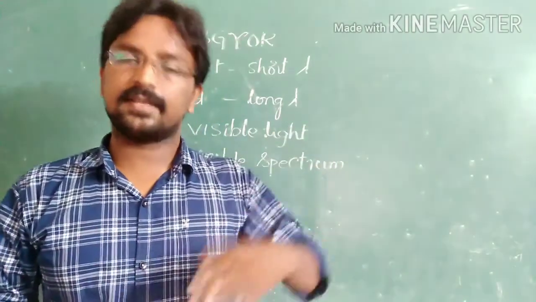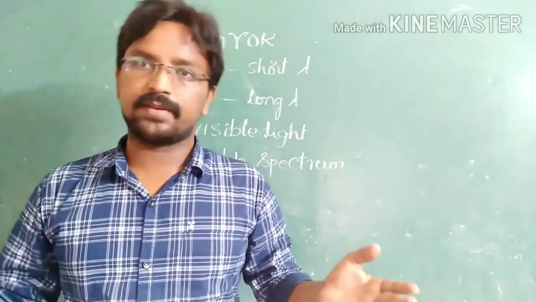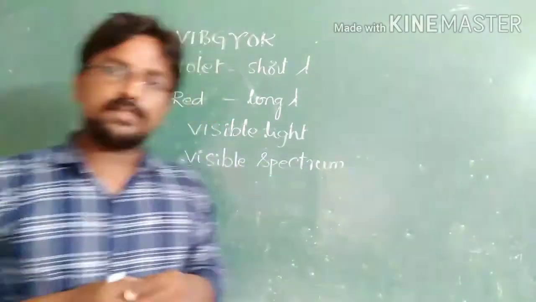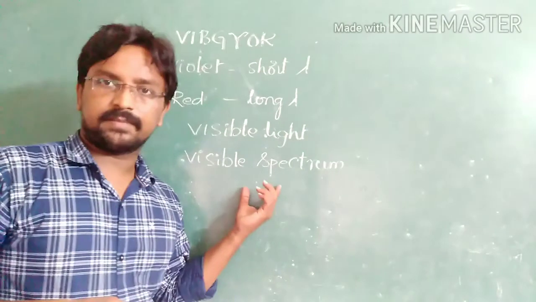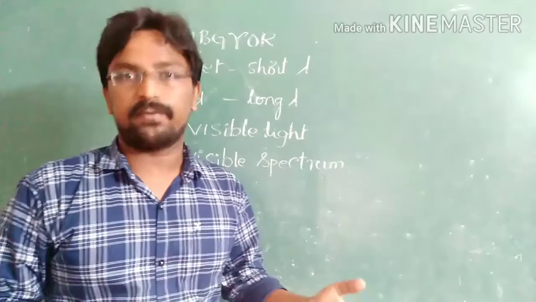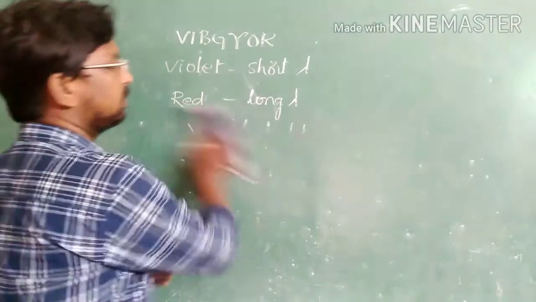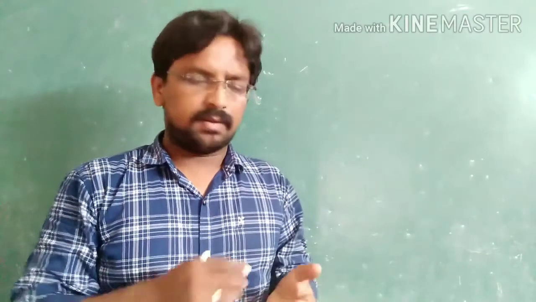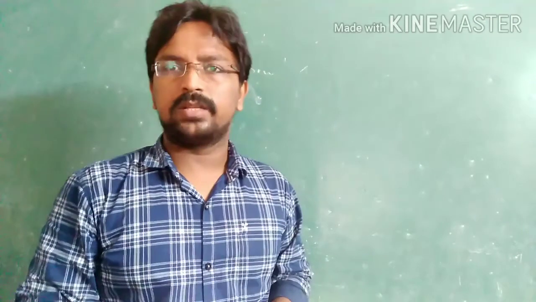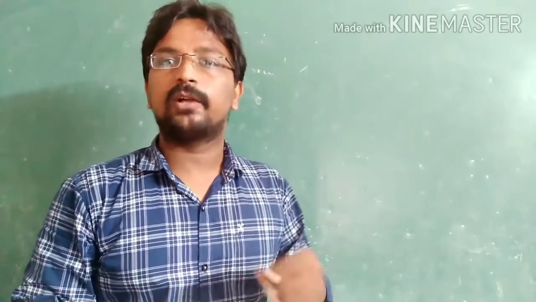Wavelengths are present less than violet and more than red. So other than the visible spectrum, there are different wavelengths. The entire range of these wavelengths, including the visible spectrum, is said to be the electromagnetic spectrum.